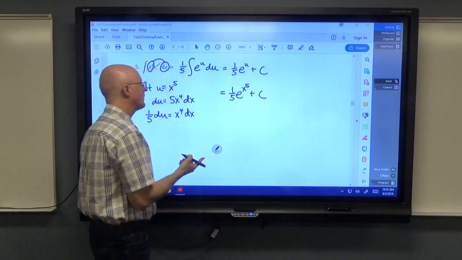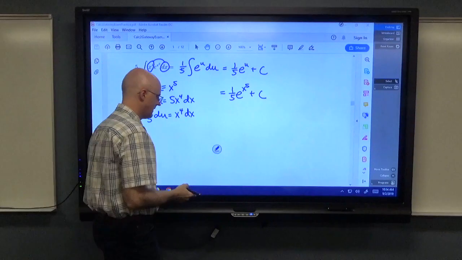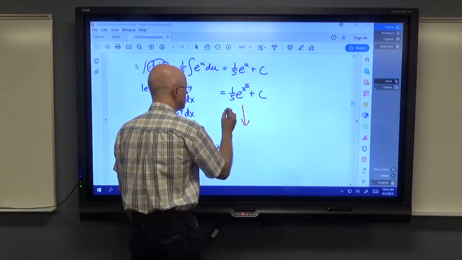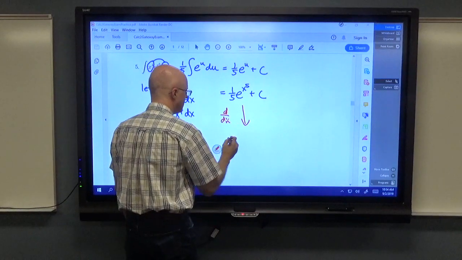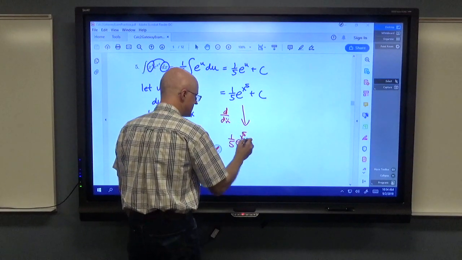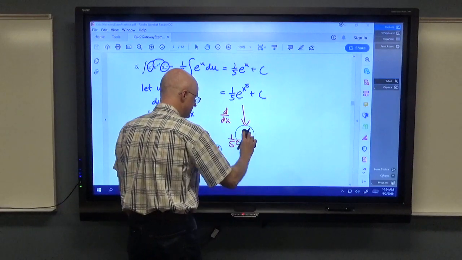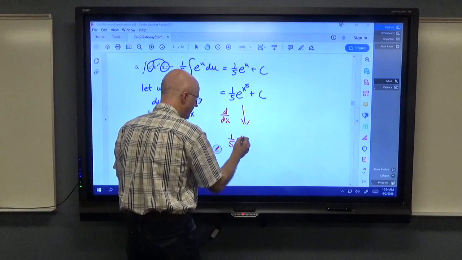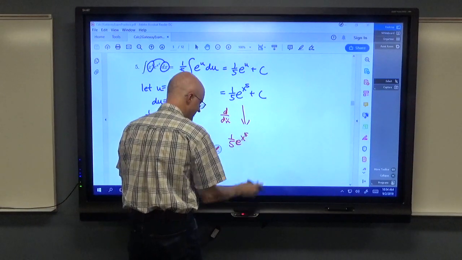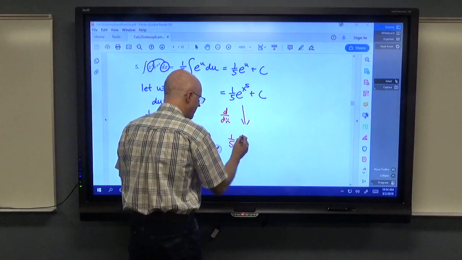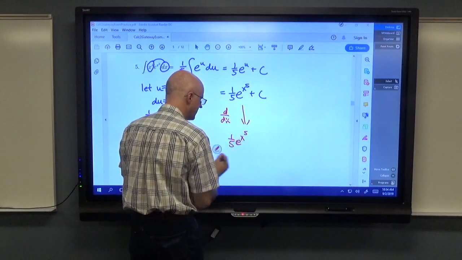And if you check that with the chain rule, now I'll do my checking in red. You get 1/5 e to the x to the 5th times the derivative of x to the 5th, that's the inside function. Sorry about that. It's 5 there.